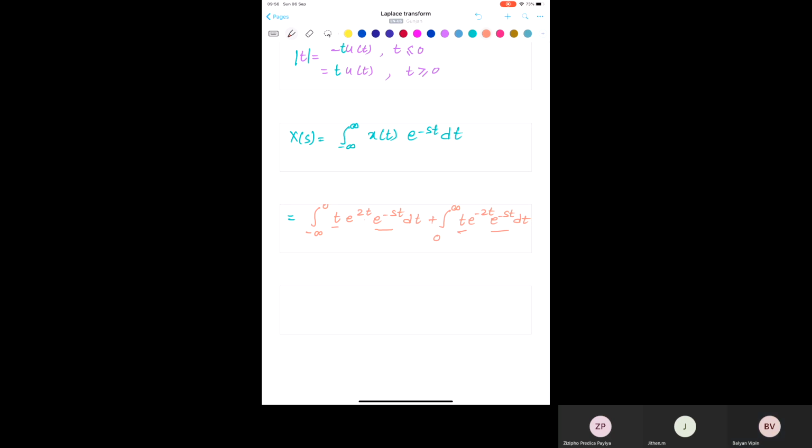So now, it is minus infinity to 0. What I told you is that try to make this thing positive. s must not have something negative multiplied to it. dt, and this is plus 0 to infinity t dt plus.